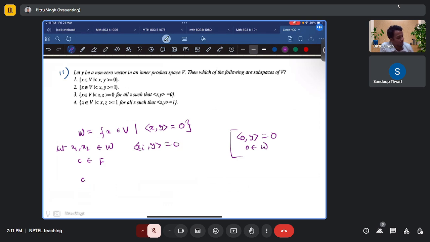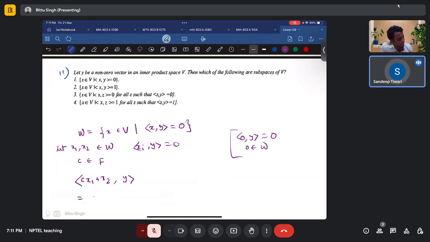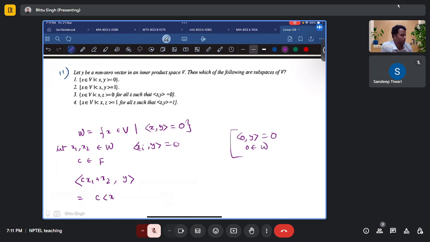Now we need to check whether c x1 plus x2 belongs to W or not. So let us take the inner product with y. By linearity of the inner product in the first component, by homogeneity and the distribution property, this is the same as c times x1 comma y plus x2 comma y.